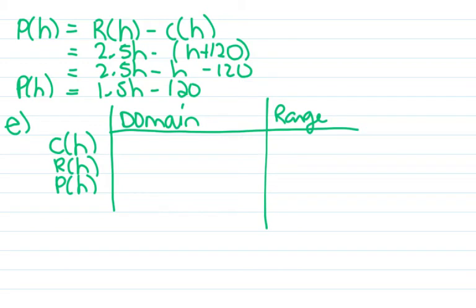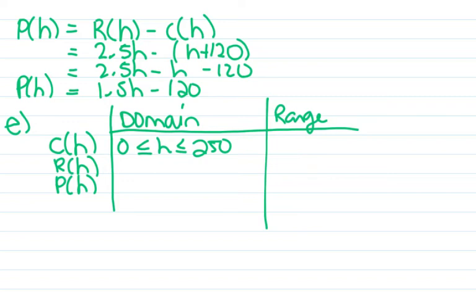So the domain is the X value, which is H in this case, so number of hot dogs. So on the X-axis, we can have from 0 hot dogs up to 250 because it says in the question he can sell a maximum of 250 hot dogs.